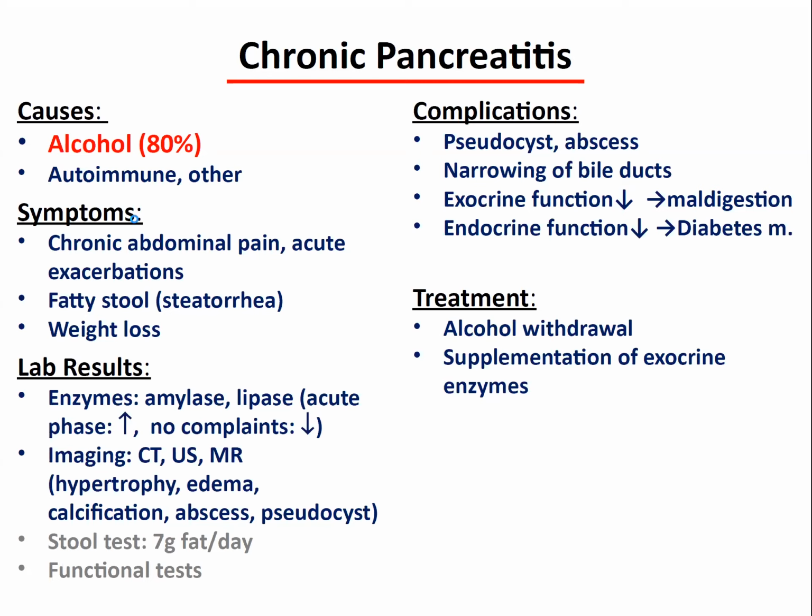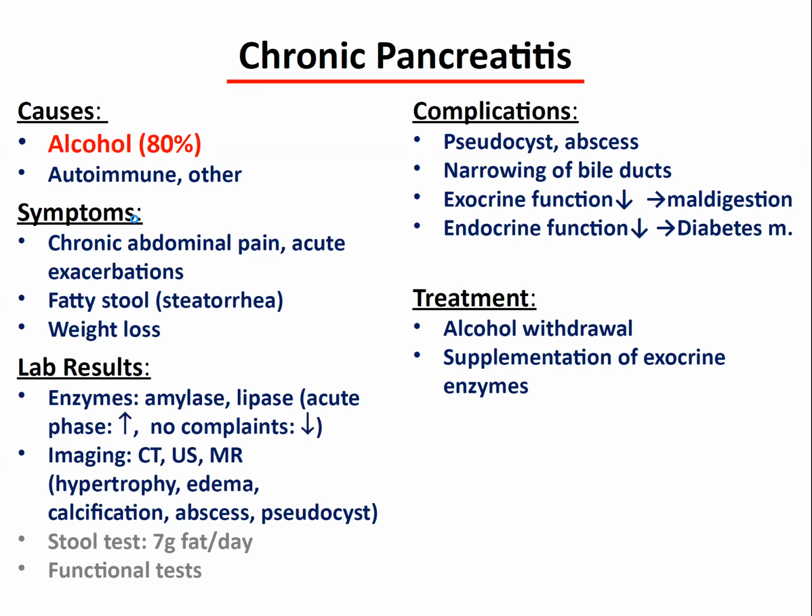The symptoms are usually due to the absorption problem. The patient has chronic abdominal pain, sometimes acutely exacerbated, and steatorrhea because there is now lipid malabsorption, and the feces are sticky with a shiny surface, and weight loss because neither energy nor protein can be absorbed.